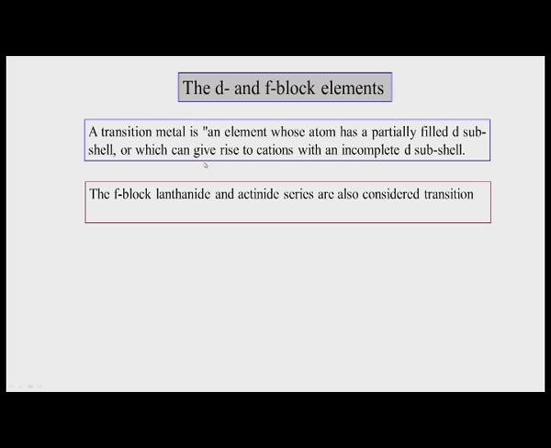So, by definition a transition metal is an element whose atom has partially filled D subshell. So, the occupancy of these D subshell is important, and which can give rise to cations with an incomplete D subshell. So, if it can give rise to some cations which have incompletely filled D subshell, then that particular metal or that particular element we consider as the D block element.